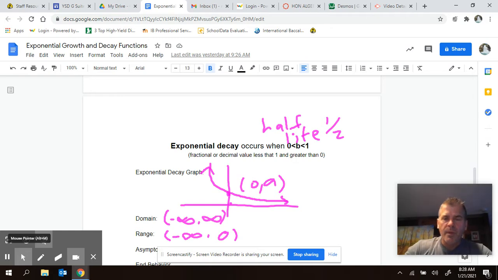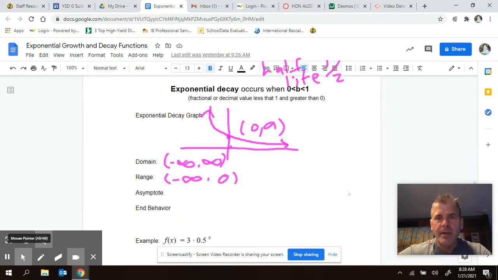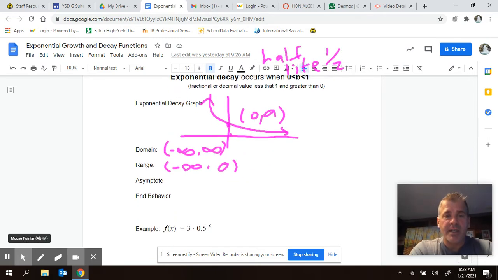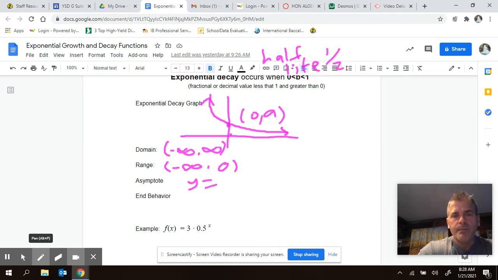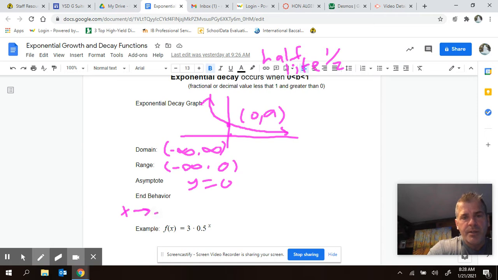So how does that then show up with an asymptote? The asymptote is very similar. The asymptote is still going to be our horizontal line y equal to 0. In end behavior, we are going to say it this way: as x approaches negative infinity, our y value, or our f of x, is taking off to positive infinity.